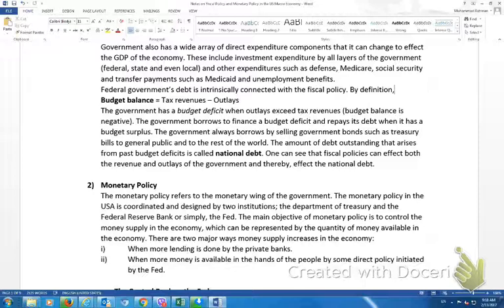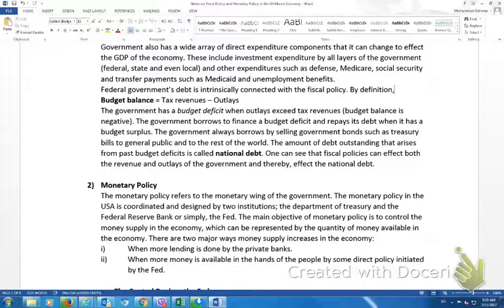It should be mentioned that the US federal government budgetary balance has been negative since the early 80s, with the exception of only 2 years during the Clinton administration. So budgetary deficit and the accompanying rise in national debt in USA is not a new phenomenon.